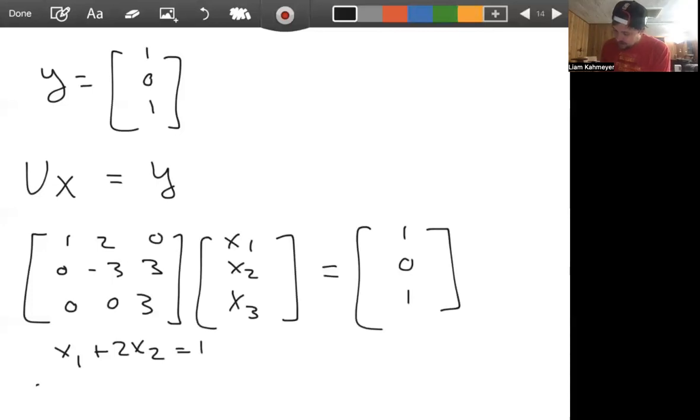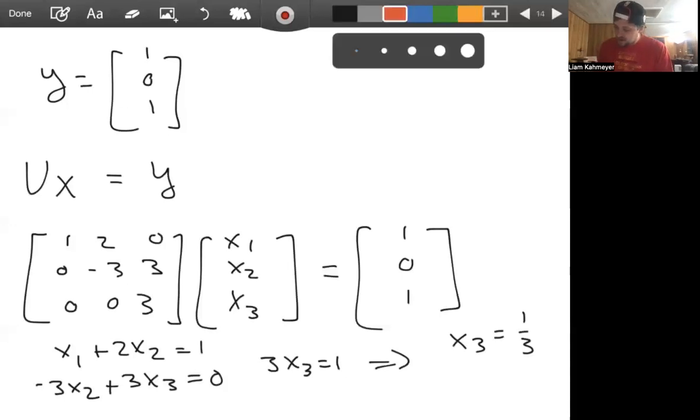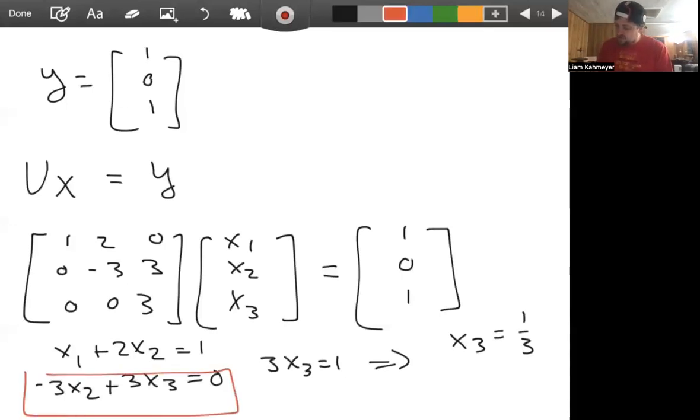We get -3x2 plus 3x3 equals 0. And then we get 3x3 equals 1, which implies that x3 equals 1/3. But if x3 equals 1/3, you can see from the second equation here that x2 equals x3, which implies that x2 is 1/3.